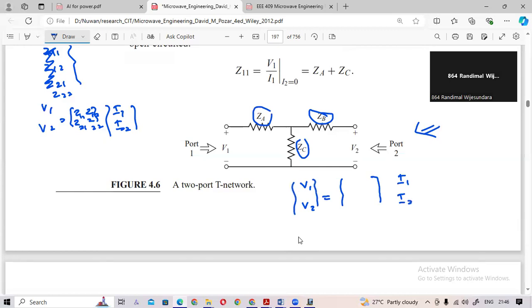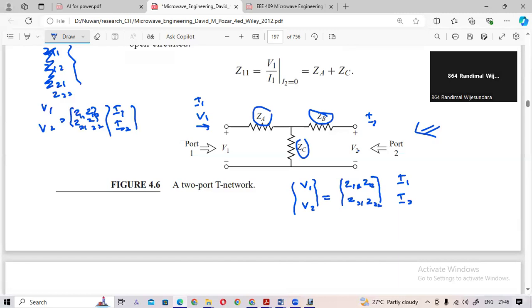Let's say that this one is V1, this one is V2, and this current is I1, this current is I2. So V1, V2 is equal to a 2 by 2 matrix, four parameters: Z11, Z12, Z21, Z22, times I1, I2. So this is the matrix of parameters.